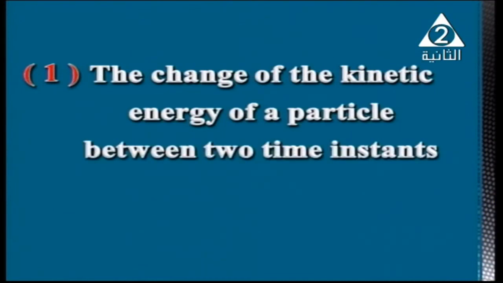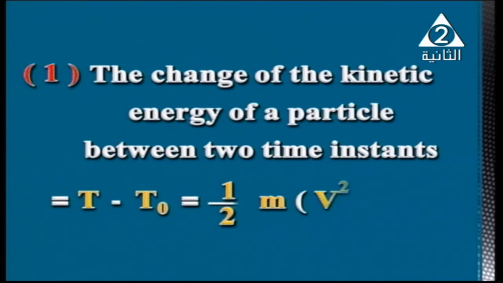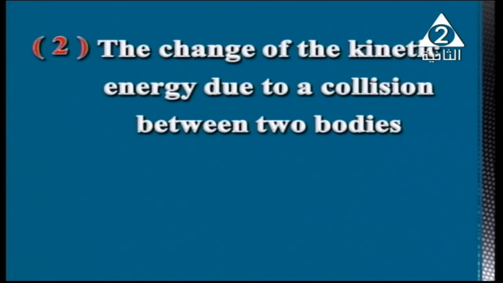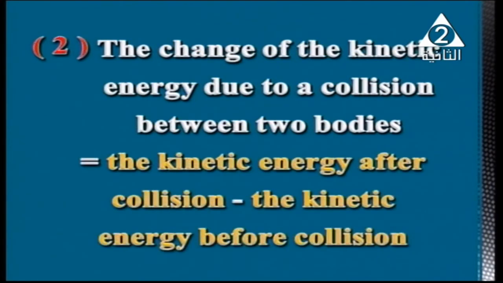Note that the change of kinetic energy of a particle between two time instants t minus t naught equals half m, v square minus v naught square, or u square. Number 2, the change of kinetic energy due to collision between two bodies equals kinetic energy after collision minus kinetic energy before collision.